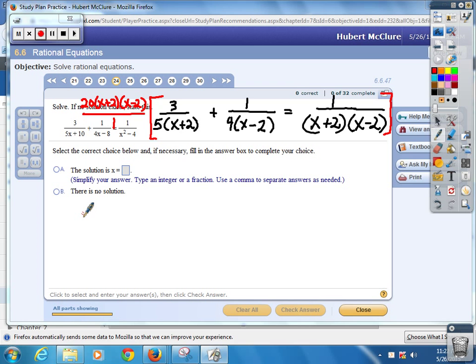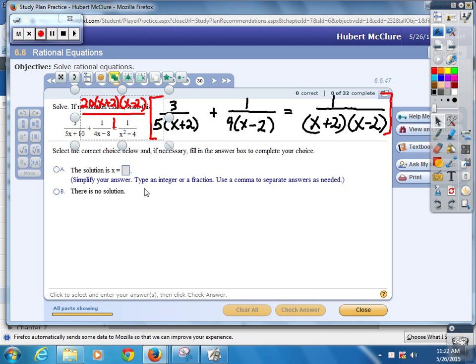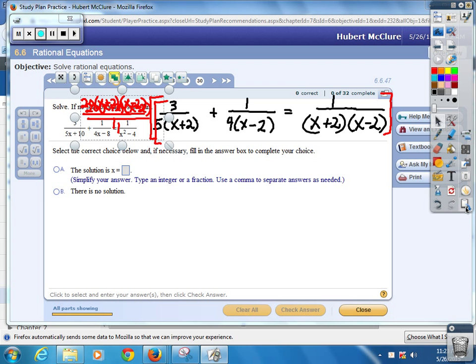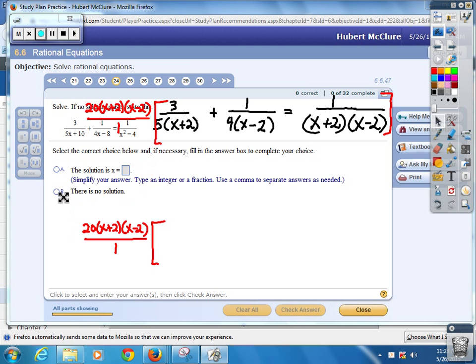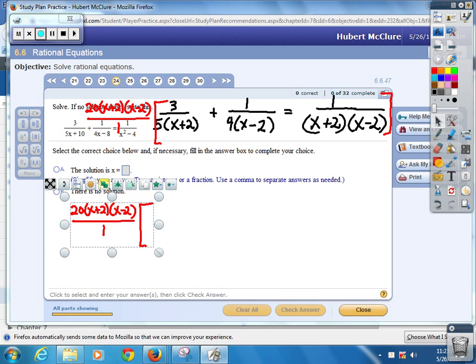So, you know, that's just something that might help you out. So nobody will spaz out, I'm going to erase the bracket and then I'll copy this.